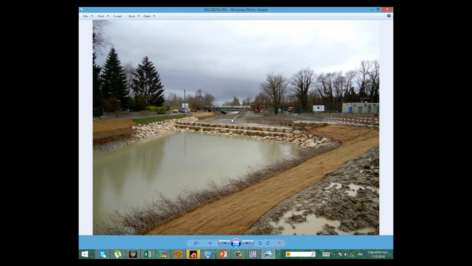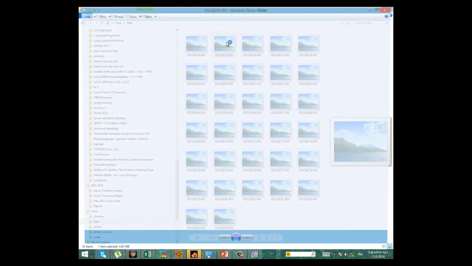Whenever the amount of discharge is more than the capacity of this natural canal, it flows over the weir, and it will be diverted and will go to a river called Arve. We'll see that in a moment.